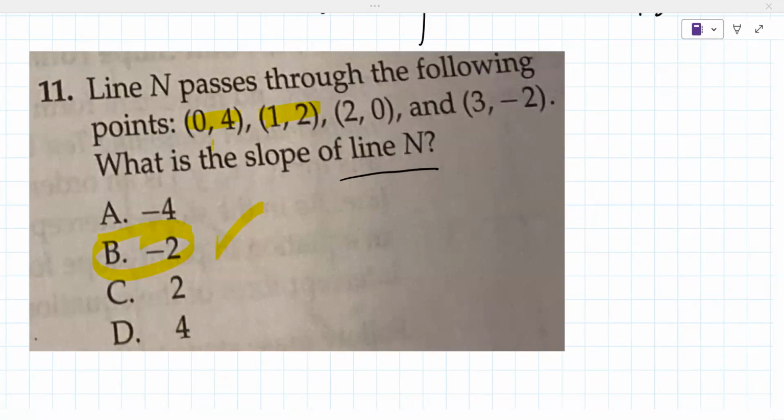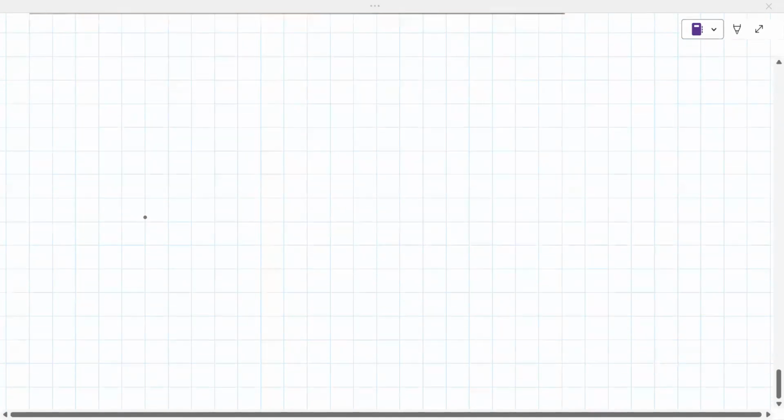All right, so we're going to move to a new topic, and I've got to teach a little bit here. The very first equation of a line that you need to know is called y equals mx plus b.